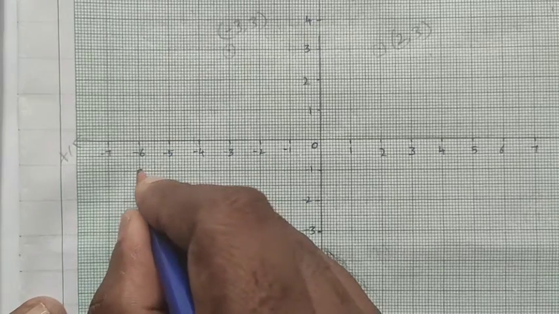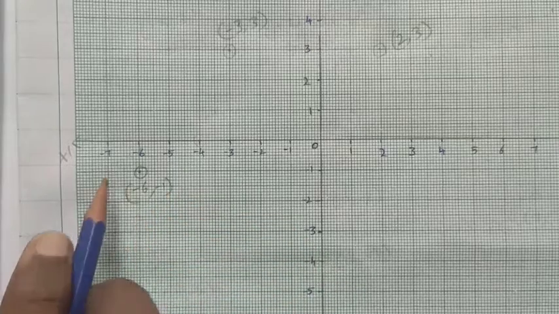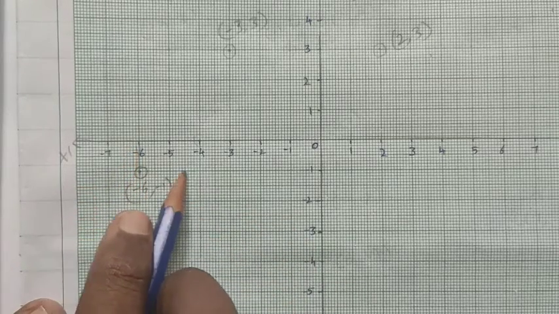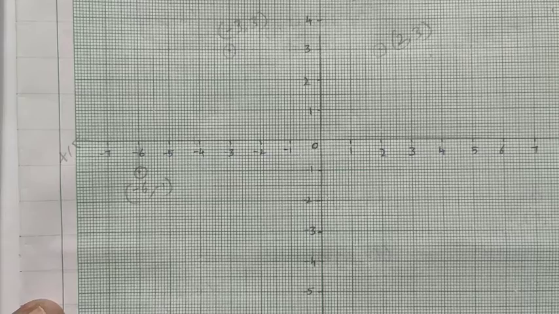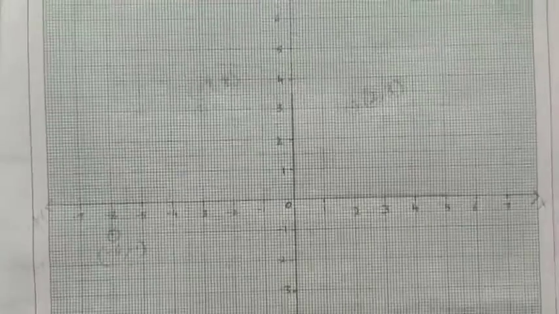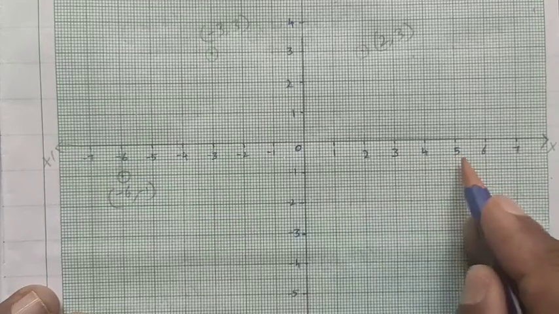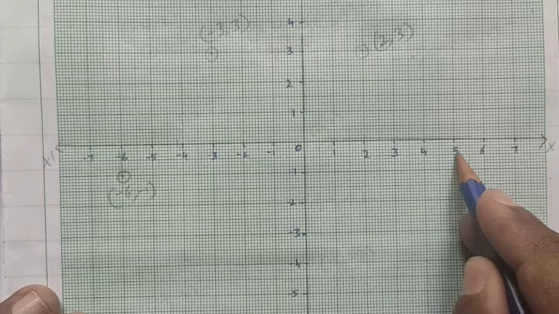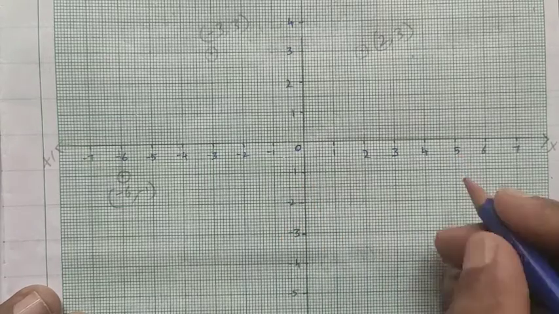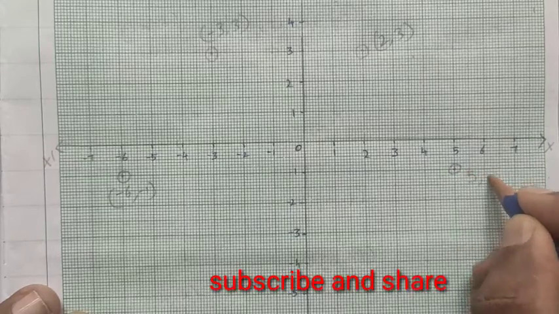So here the point is located, x is -6 and then y is -1. And then the last point is (5, -1). The x value is positive 5, that is here, and y is -1. So this is the position of the point (5, -1).